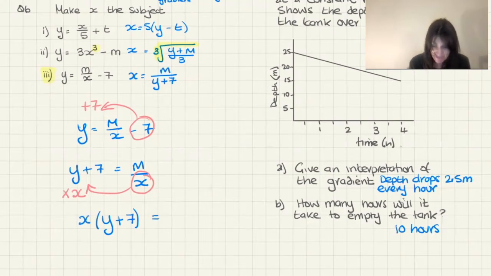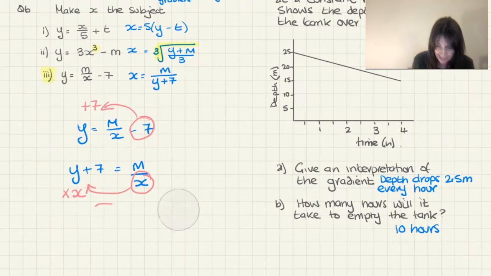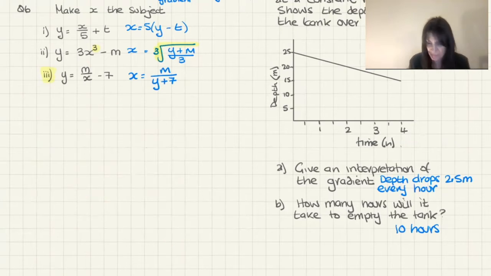That equals m. But this does mean I can now get it on its own, because the times that landed with the x can now be picked up with this bit here, and it can land underneath as y plus 7. So that's how it appeared the way that it appeared. I'm hoping that has helped if it did go wrong.